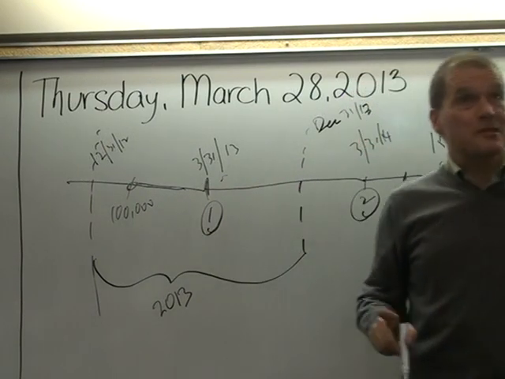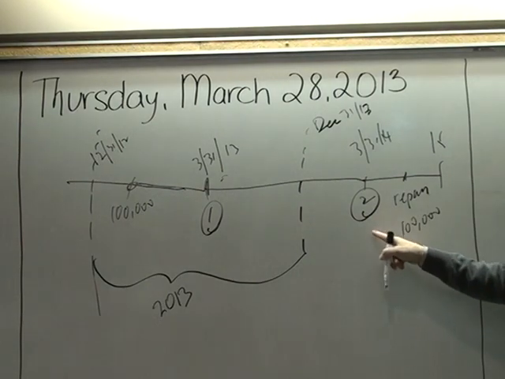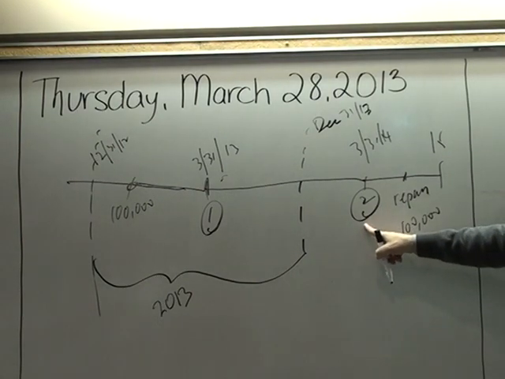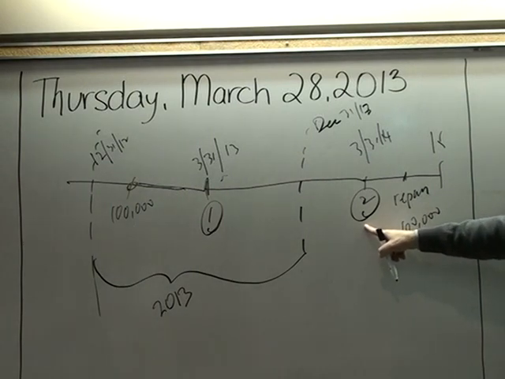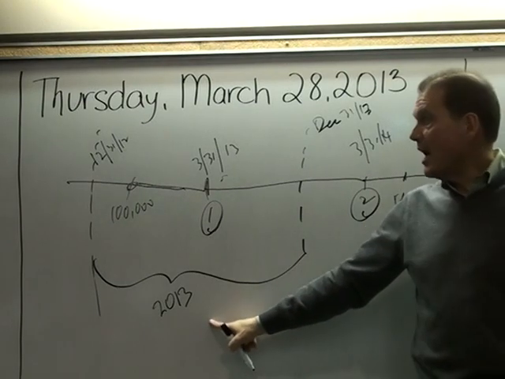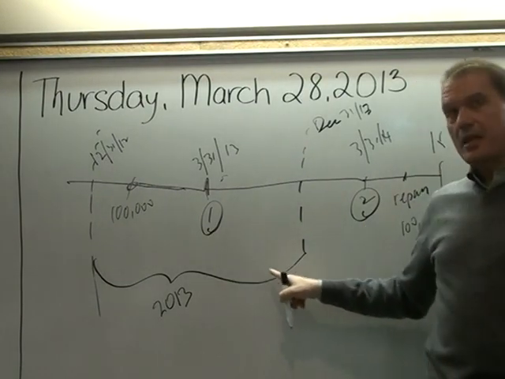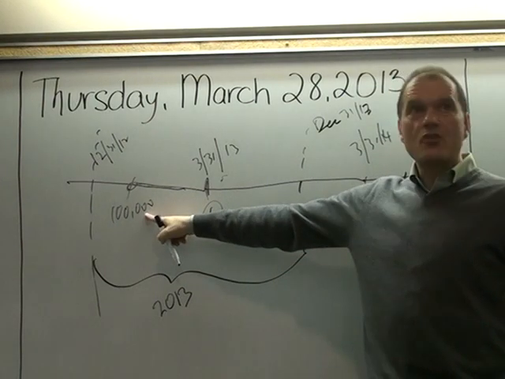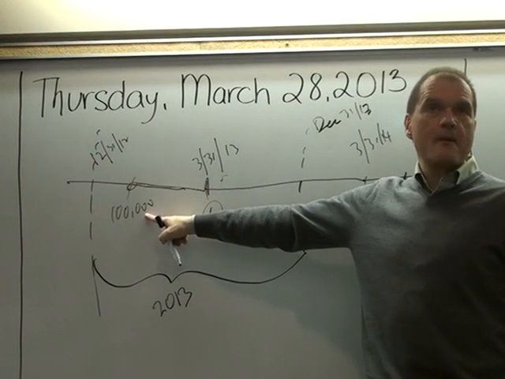Now, I didn't know that it's taxable to me until it crossed the second corporate year end. I didn't know it's taxable until April 1st, 2014. I have to report it in 2013, the year I took it out, the year I received the cash.